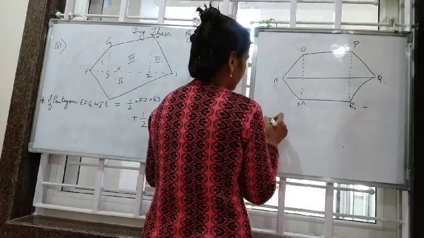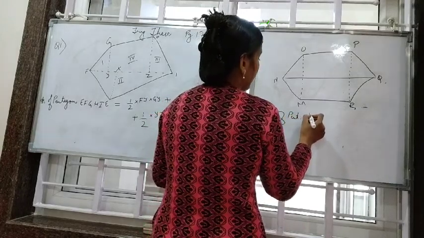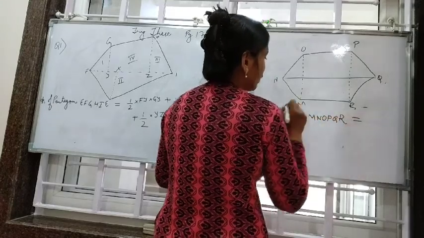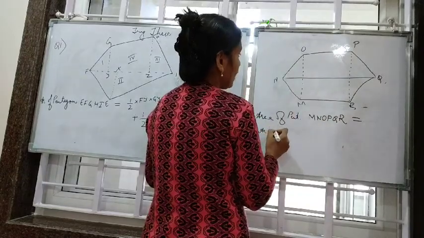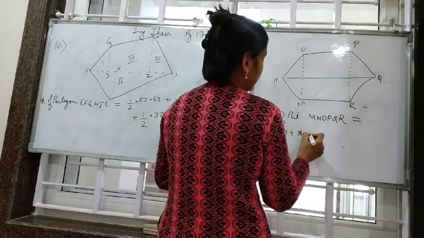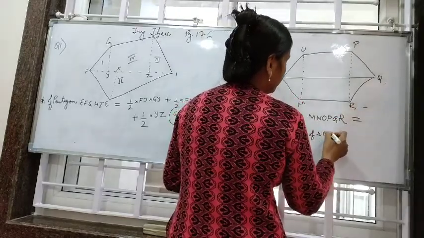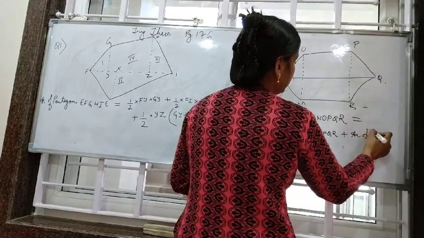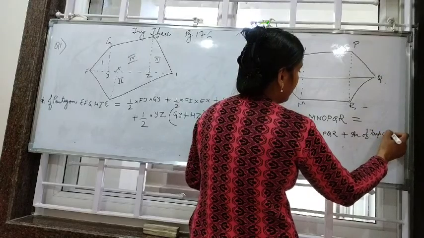So area of pentagon MNOPQR is equal to area of triangle MNO plus area of triangle PQR plus area of trapezium OPRM.